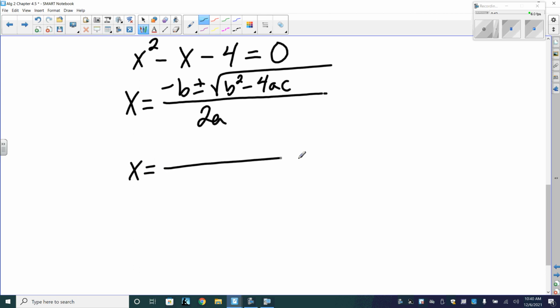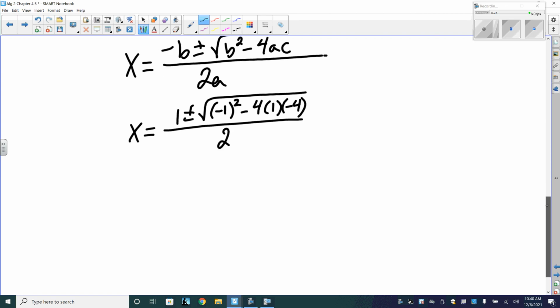x is equal to, well, negative b, our b value is negative 1, so it would just be 1, because negative 1 would make it positive 1, plus or minus the square root of negative 1 squared minus 4 times 1 times negative 4, all over 2. Just hang in there with me.